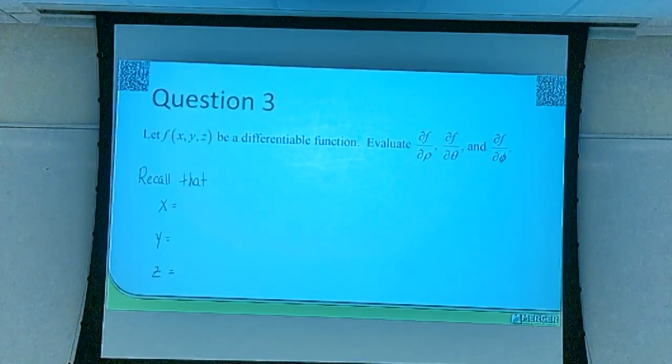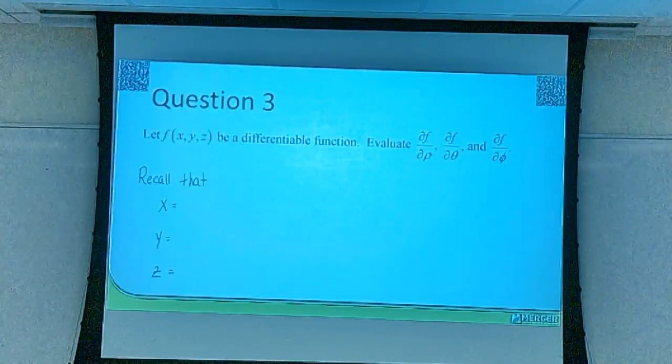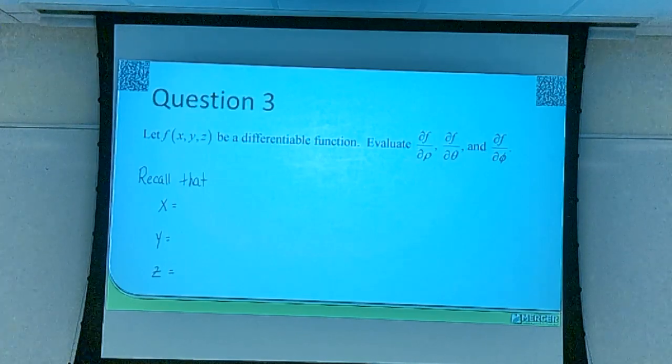What is x in spherical? Rho cosine of theta sine of phi.